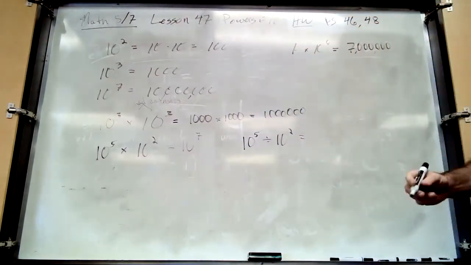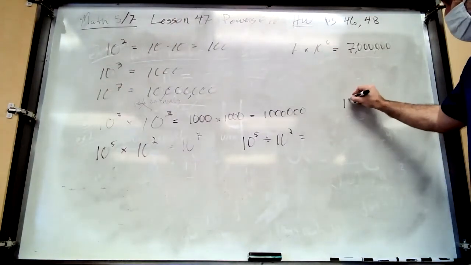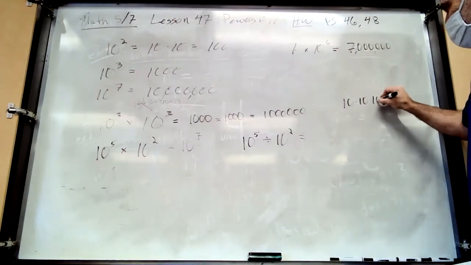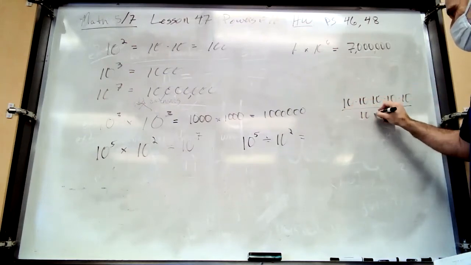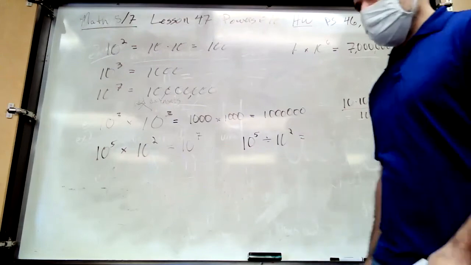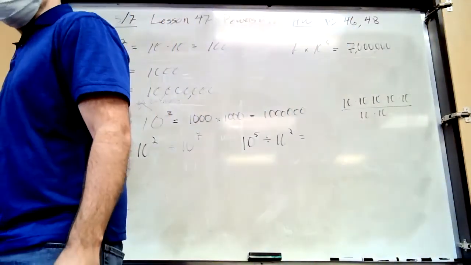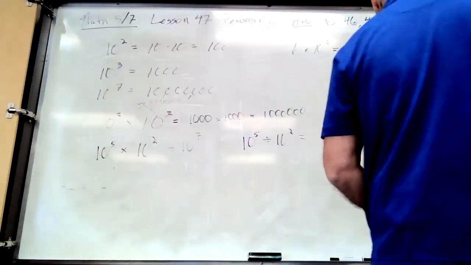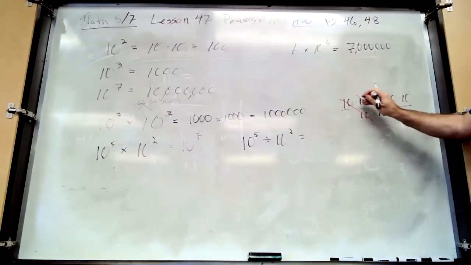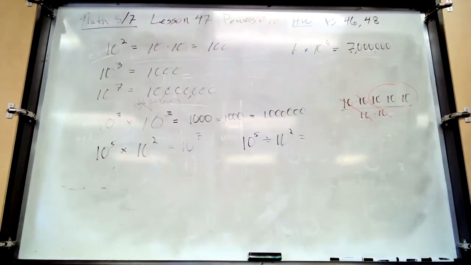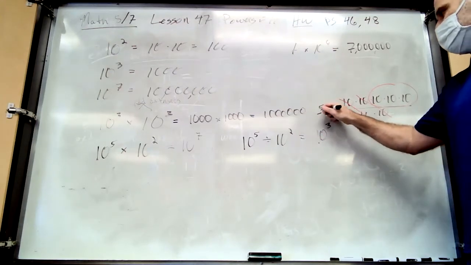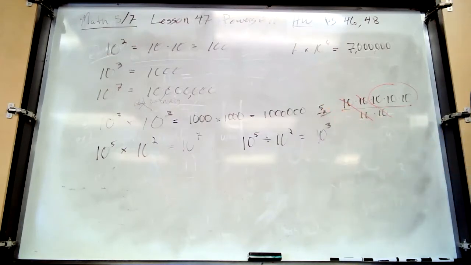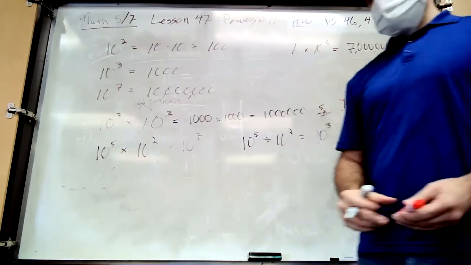Well, let's see. If I did this, this would be 10 times 10 times 10 times 10 times 10 divided by 10 times 10, right? When you divide, you can just reduce this fraction. I'm going to cancel those two, and what are you left with? 10 to the 3rd. So this is 5 minus 2 equals 3.